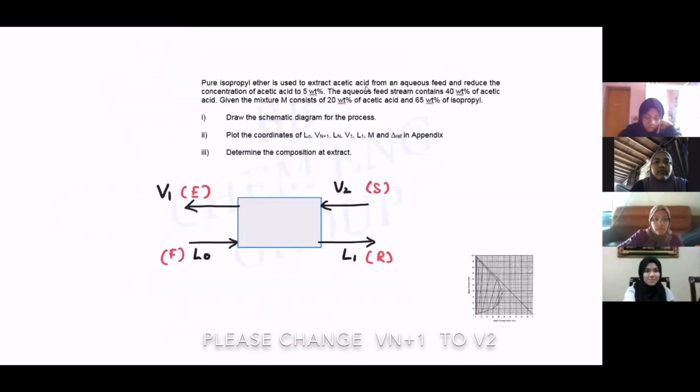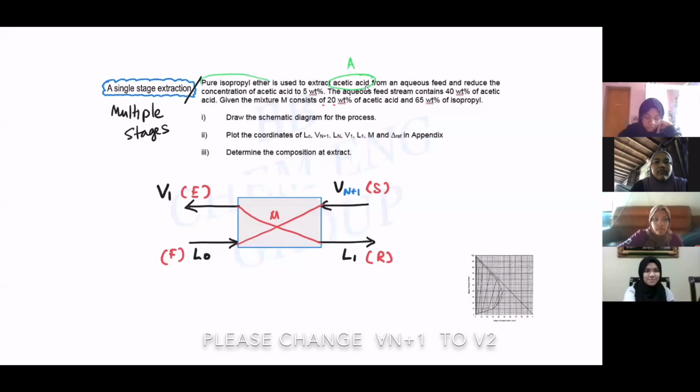So if you have this question, isopropyl ether to extract acetic acid, definitely acetic acid is your solute, because that's the purpose of using isopropyl ether. So this is called the solvent.